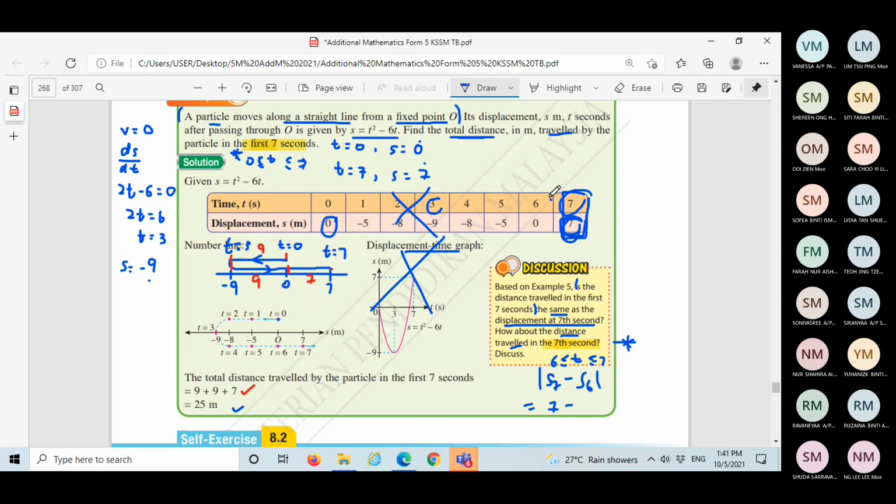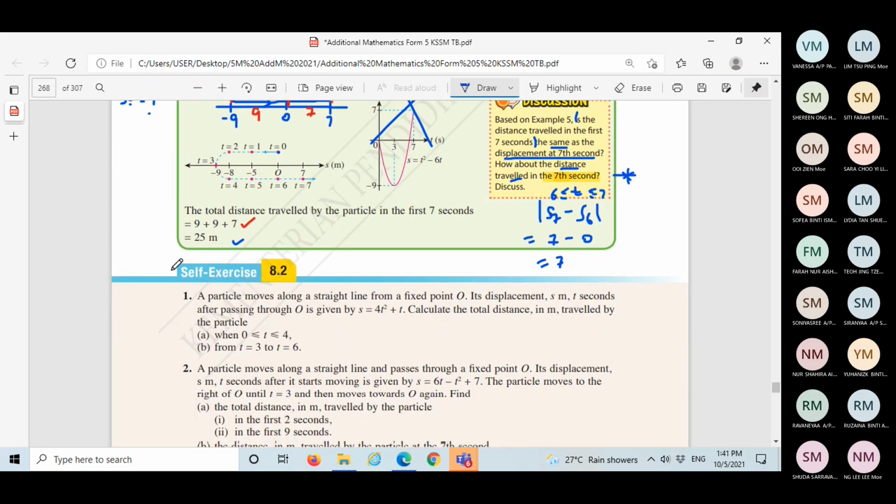S6, the answer is 0. S7 means when t is 7, what is the s? S6 means when t is 6, what is the s? So the answer for this one is 7.